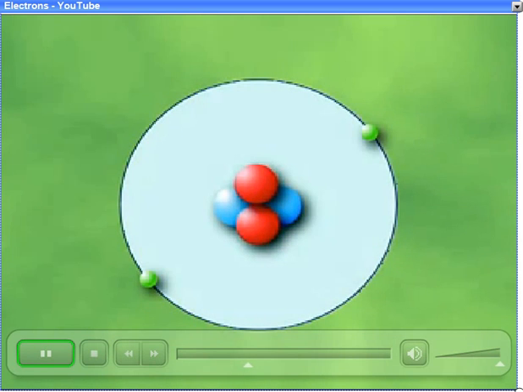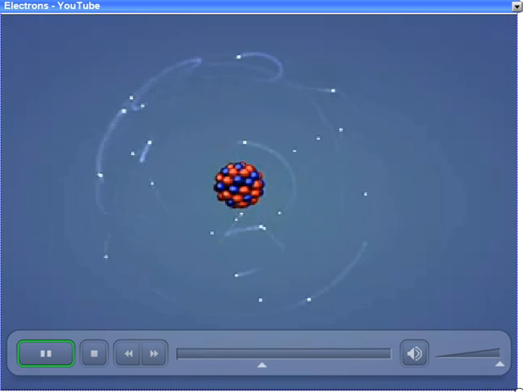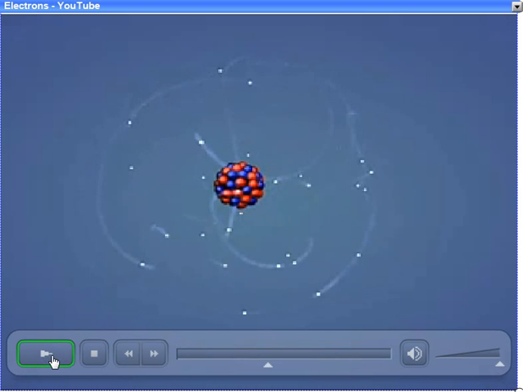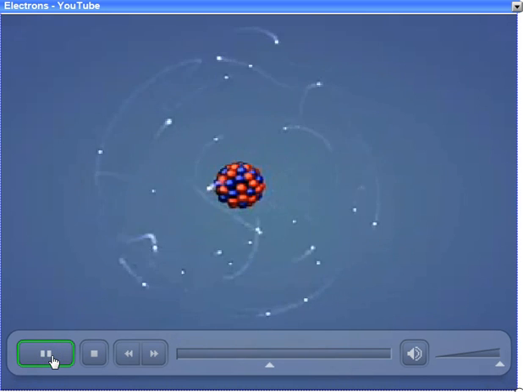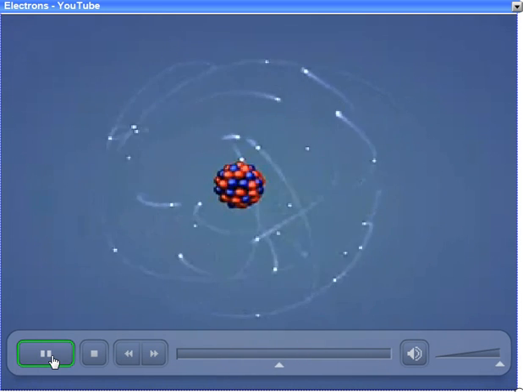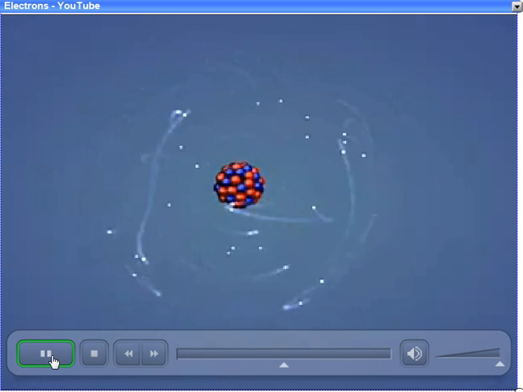In atoms with an overall neutral charge, the number of electrons equals the number of protons. Electrons orbit the nucleus at extremely fast speeds. In fact, electrons may speed around the nucleus 1,000,000,000 times in 1 second.